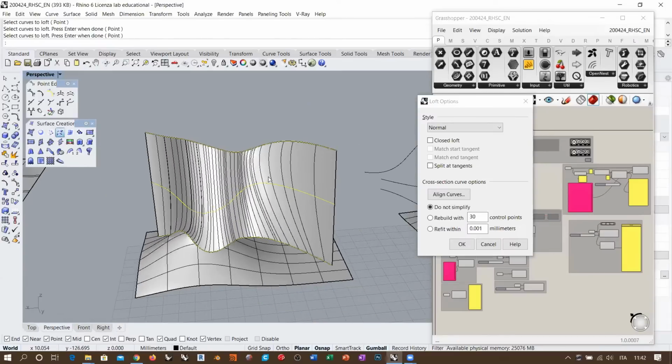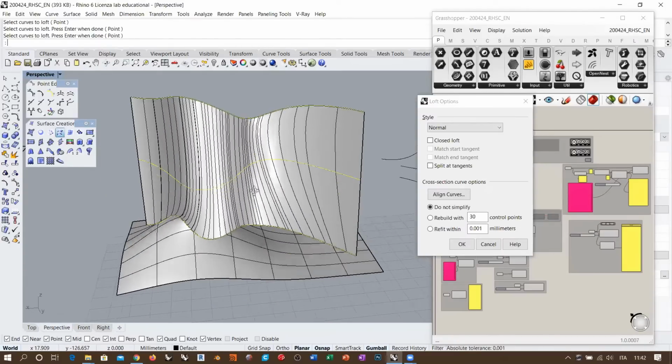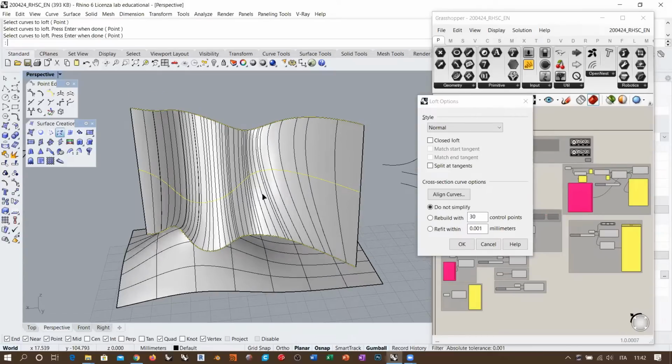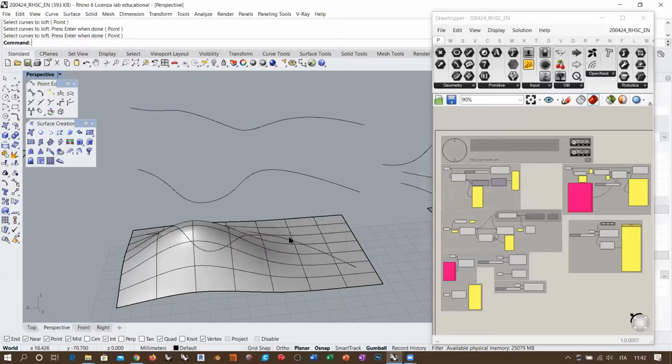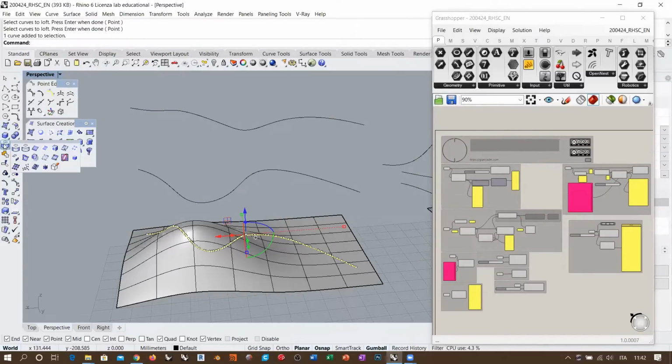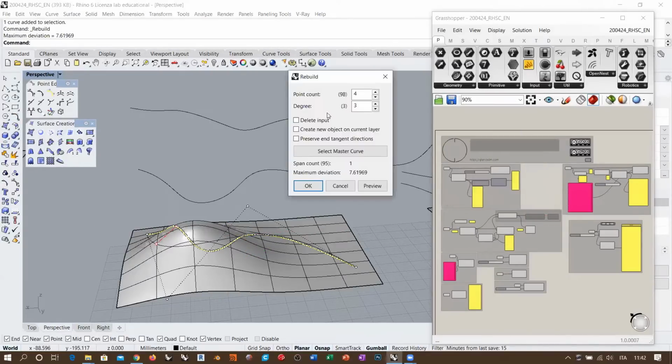So how can we solve this problem? Well, of course, we need to obtain a more regular topology. One could say, okay, I take the lower curve and rebuild it in order to have a less complex topology.